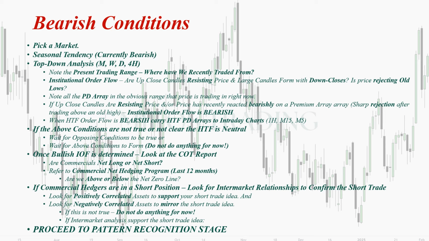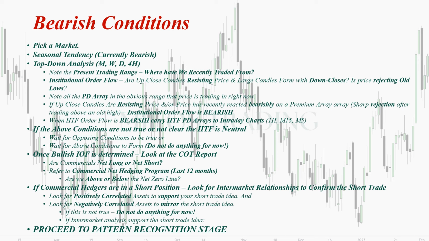If the above conditions are not true or not clear, higher time frame is neutral. Wait for bullish conditions to be true or wait for the above conditions to form. Don't do anything for now. Once bearish institutional order flow is determined, look at the commitment of traders report. If commercial hedgers are in a short position, look for intermarket relationships to confirm the short trade.